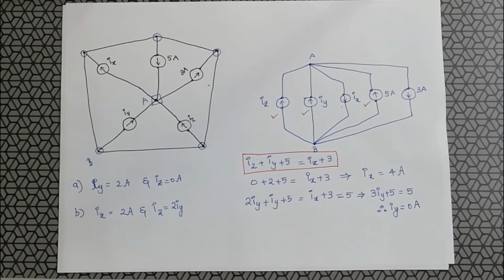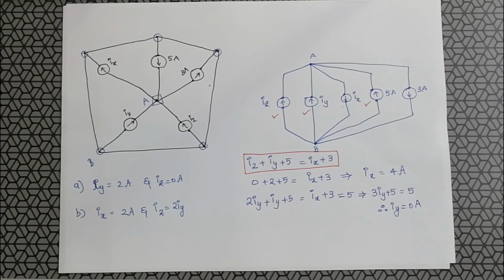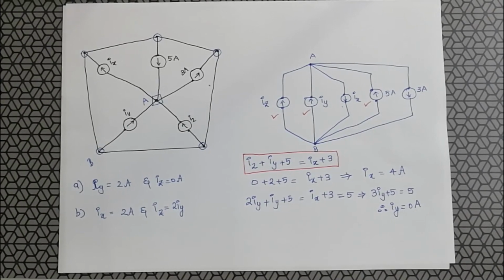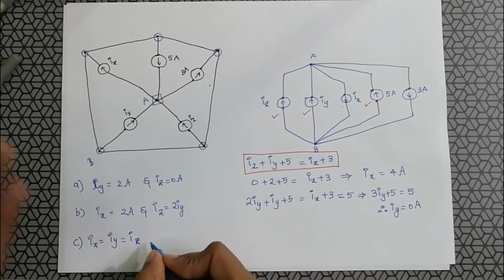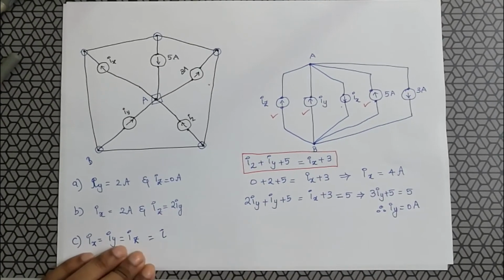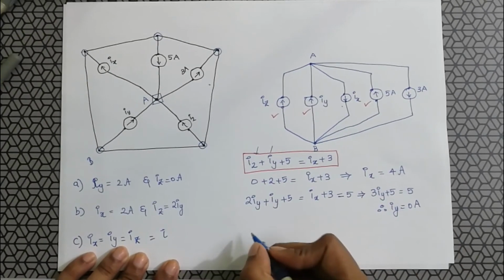In the third subdivision, it is given that all the three currents Ix, Iy and Iz are the same. In that case, what will be their values? If all three are the same, let me put it as just I, and substitute I in the places of here, here and here.